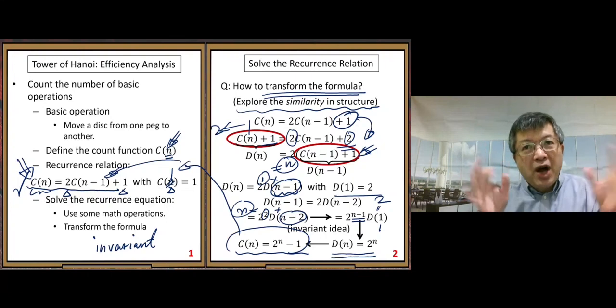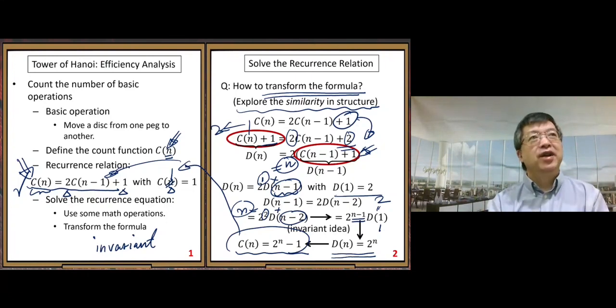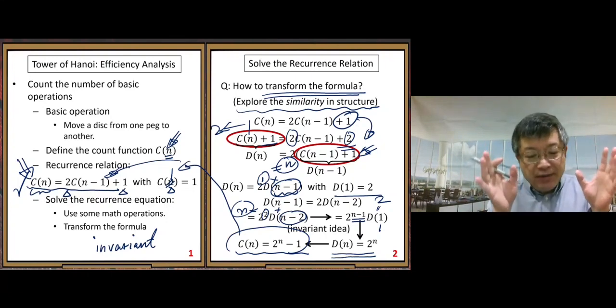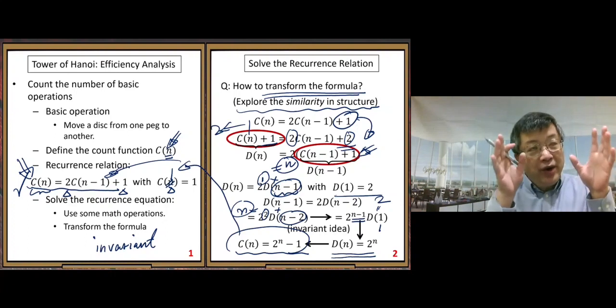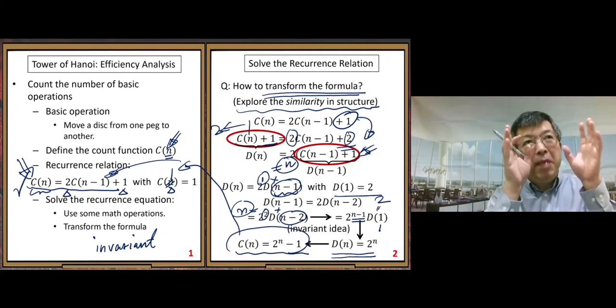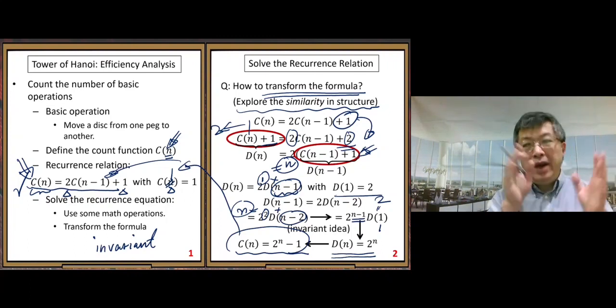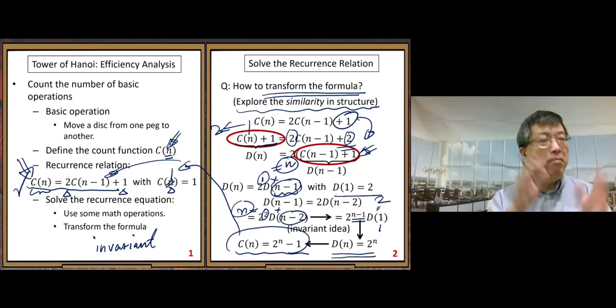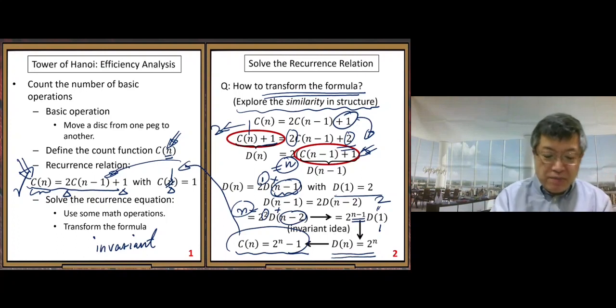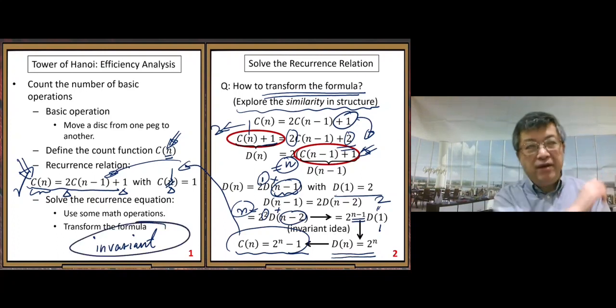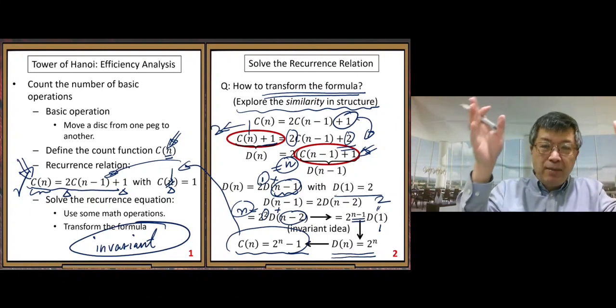That's how we solve this problem. A simple recurrence relation, but we use some mathematical thinking and analysis methods to solve it, especially this invariant method. Very useful. All right. So we finish our video number 3 here.